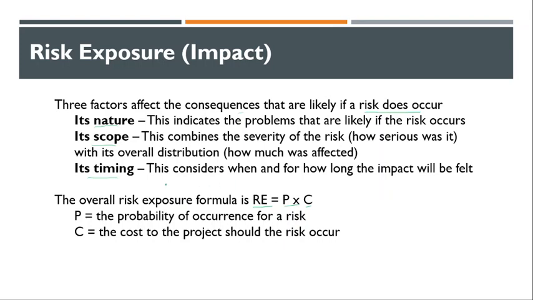Here P is the probability of the occurrence of the risk. Then C is the cost to the project should the risk occur. Remember, this is not the project cost, this is the cost to the project should the risk occur. Remember this formula so that we can see it with an example.